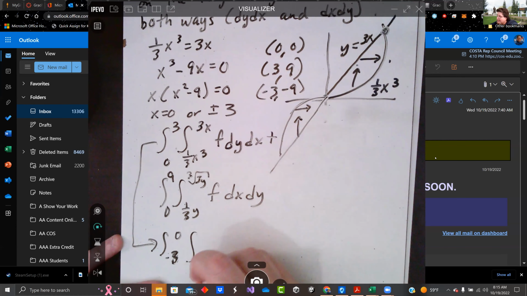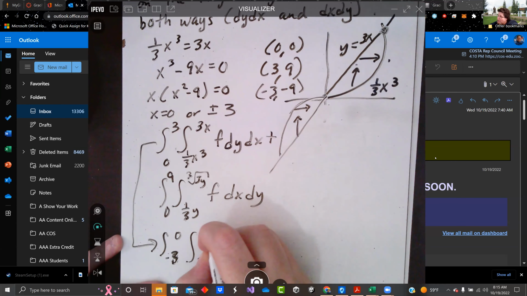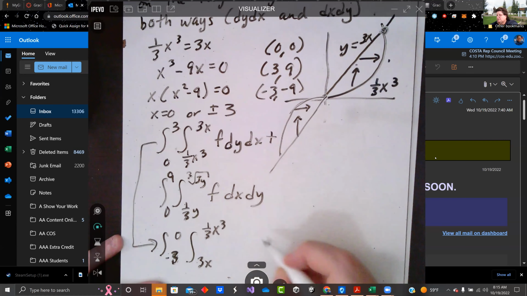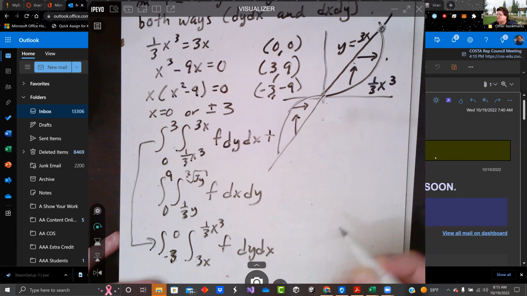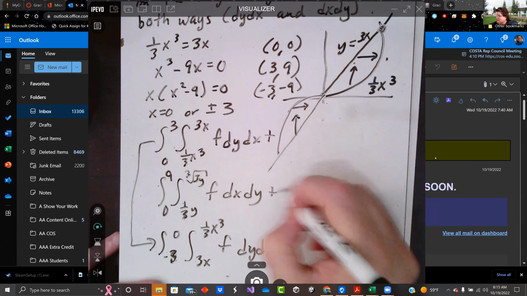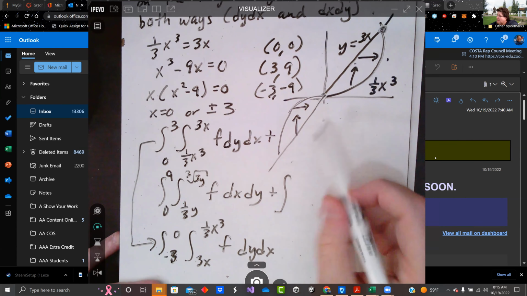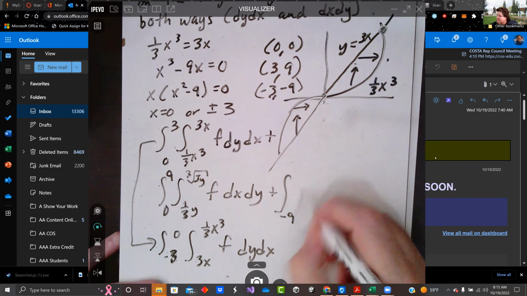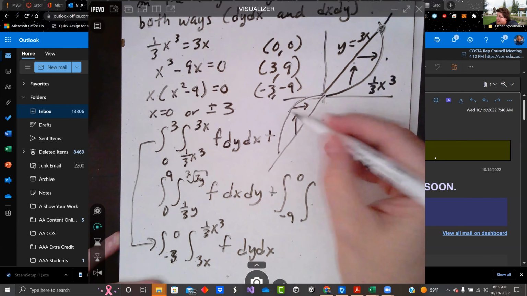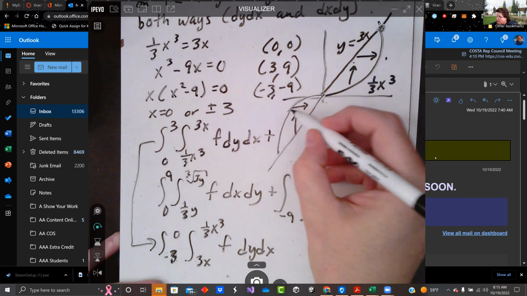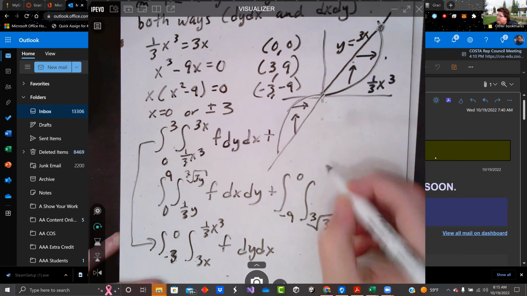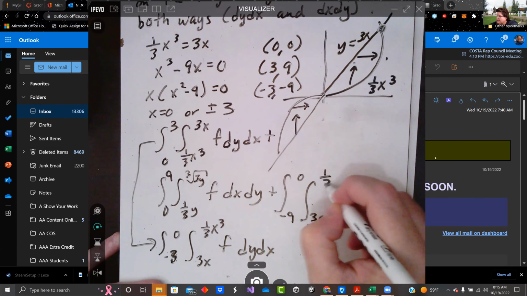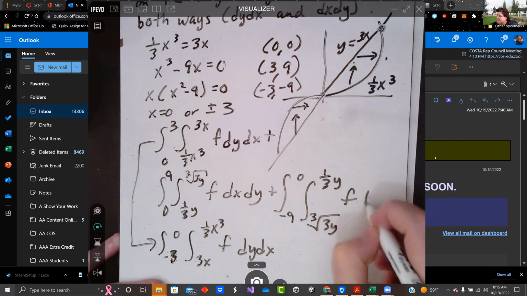We're going from 3x up to 1/3 x cubed. And this one, we're going from -9 to 0. And the cube root one is the one we're starting. Cube root of 3y over to 1/3 y, f dx dy.